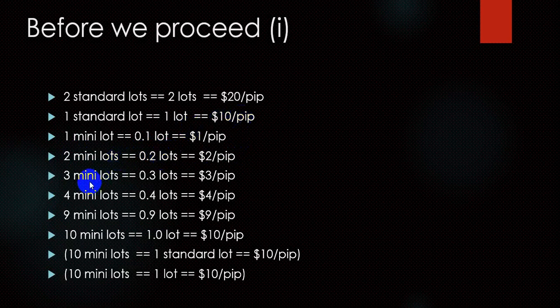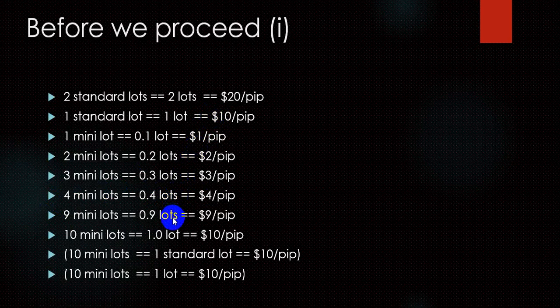If you're trading 3 mini lots, you stand to gain or lose just $3 per pip, because 3 mini lots is 0.3 of 1 lot. And with 4 mini lots, you stand to gain or lose only $4 per pip, because 4 mini lots is 0.4 of 1 lot.